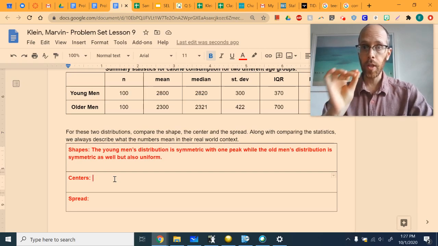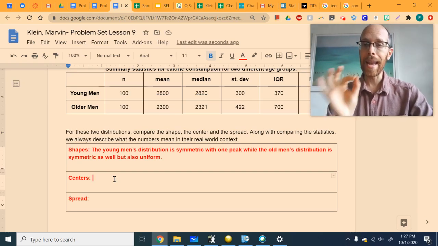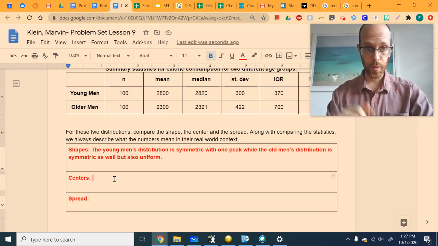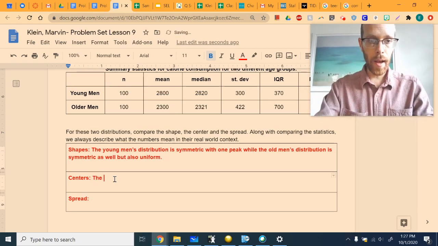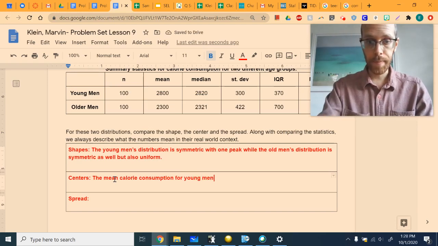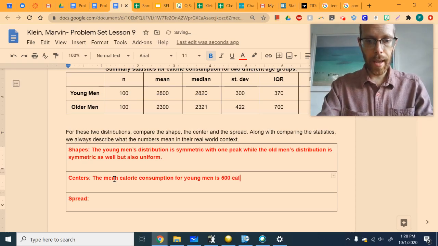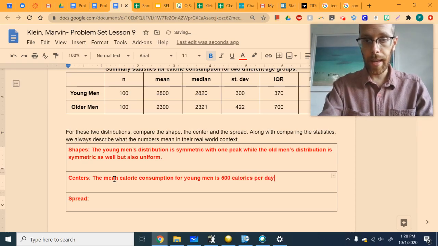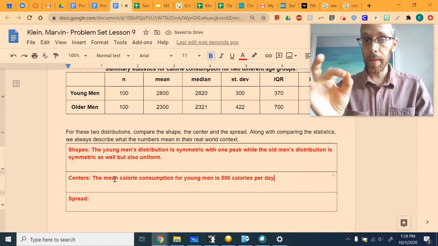First sentence, talk about the statistics. Name the statistic we use. So we would say the mean calorie consumption for young men, I chose young men because it was larger, is 500 calories per day. Notice that I'm naming what the units are.